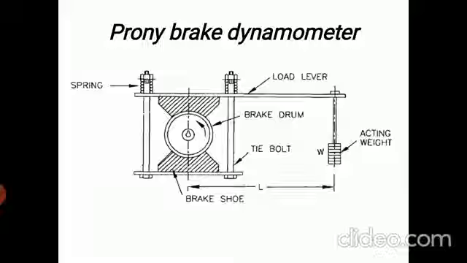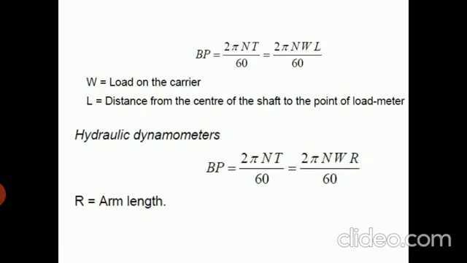So the Prony brake dynamometer is almost similar to the rope brake dynamometer. The only thing is, instead of adding weights on a rope, here you will have an arrangement like a lever and fulcrum arrangement, where we will add weights. Here the perpendicular distance is linear, so diameter and all those things will not come into play.